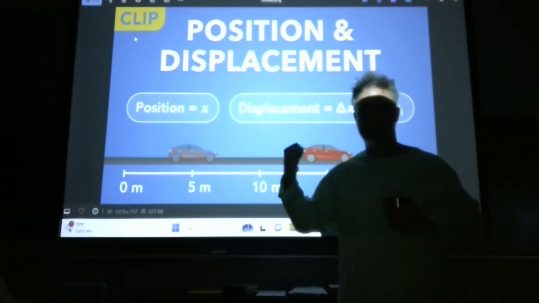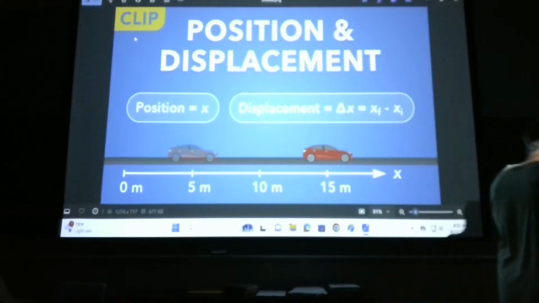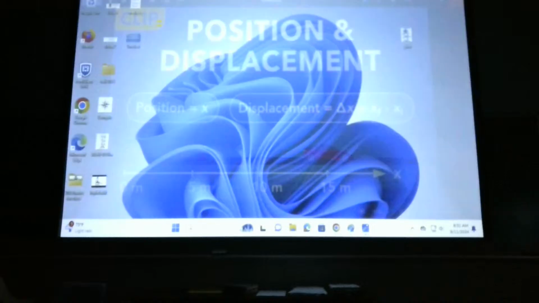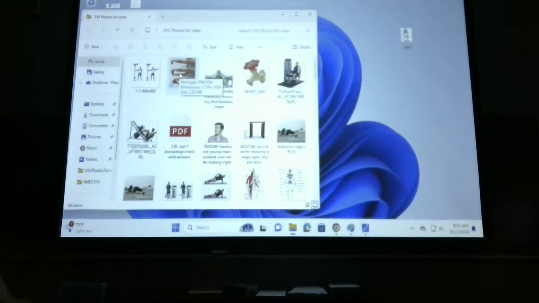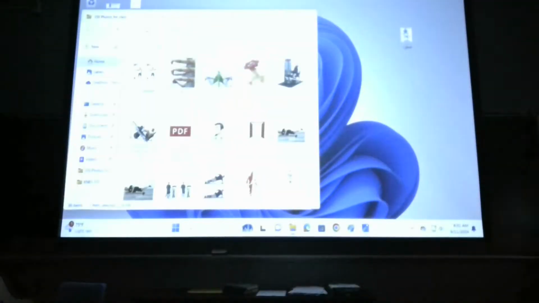I'm going to turn this light off and do some examples. Let's see.